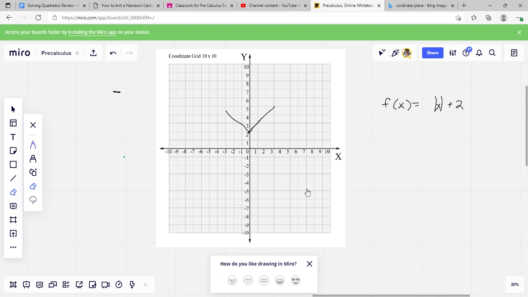So if it is facing up, right, your vertex must be below the x-line. Right, so that means you have to have a negative y value for your vertex, right? It has to be down here somewhere, right?